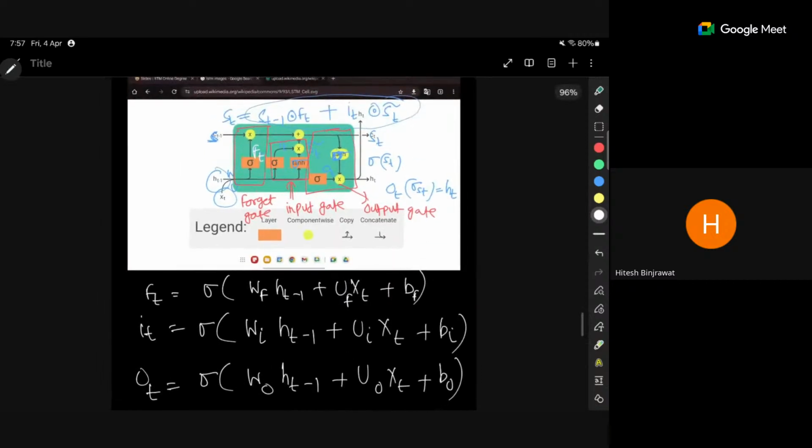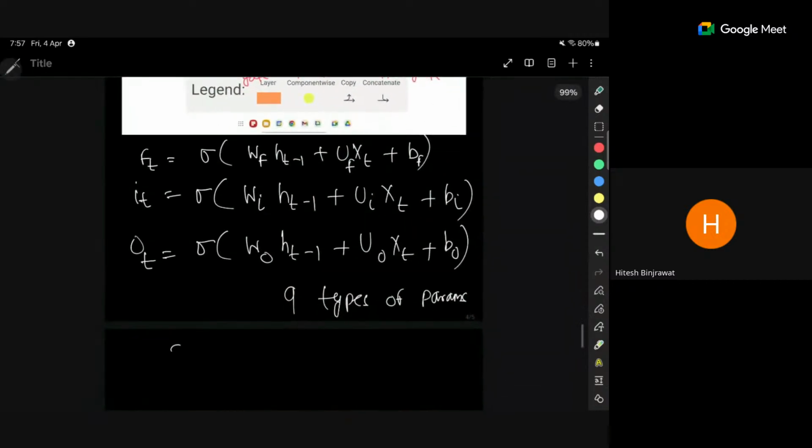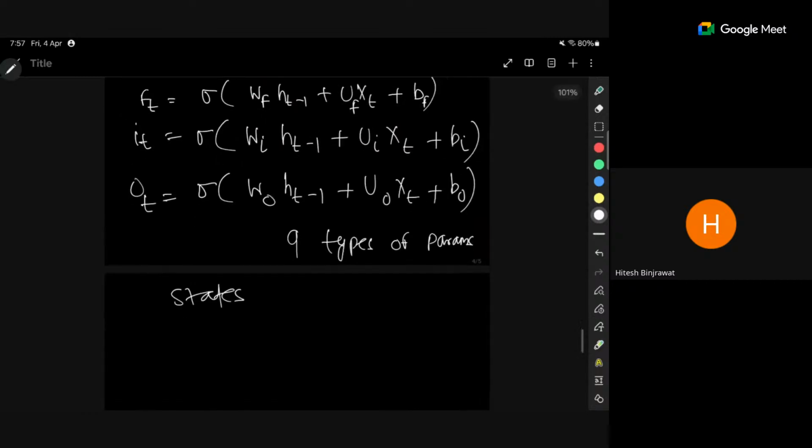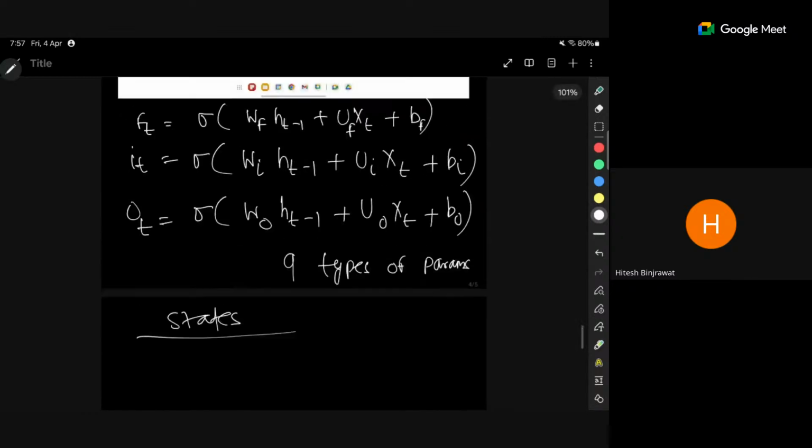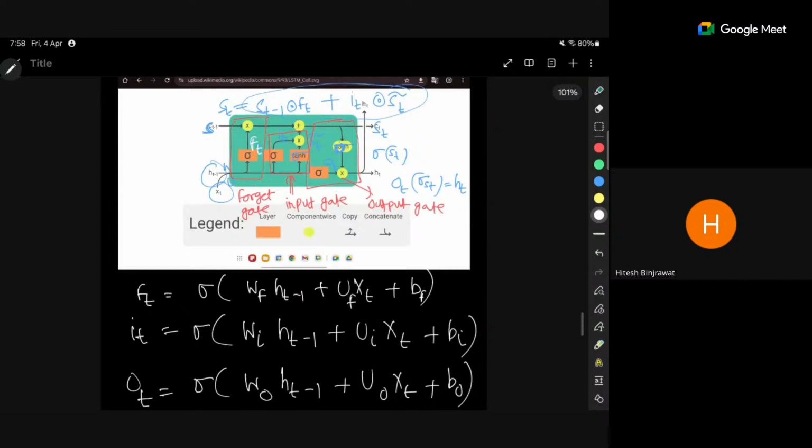So this is what the gates' equations are, and then there is the states equation. Here I'm doing multiplication of this part, and with the other I'm doing the addition.